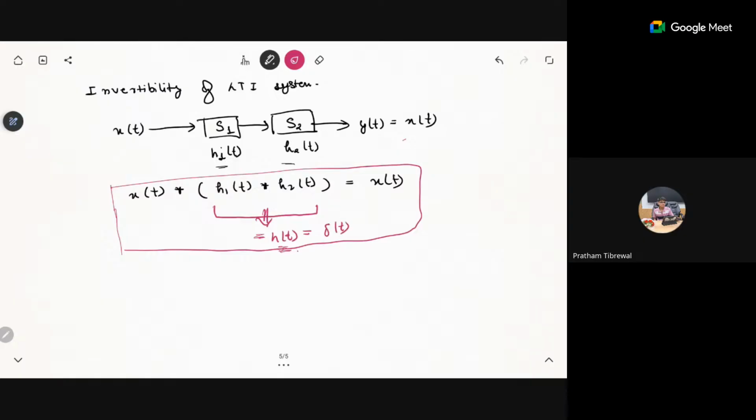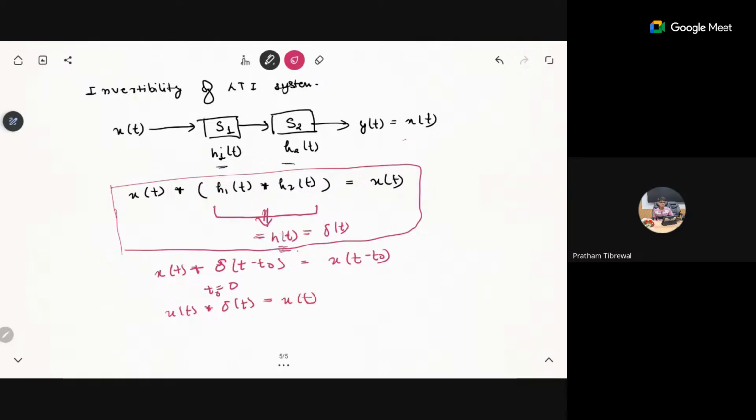So we have discussed this formula, right? x(t) convolution with delta(t minus t naught) is equal to x(t minus t naught). So if you put t naught equal to 0, then x(t) convolved with delta(t) is equal to x(t).